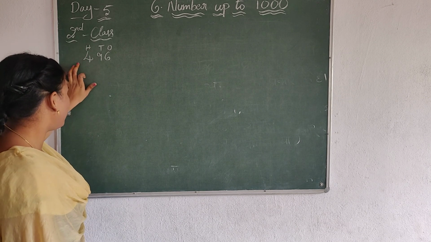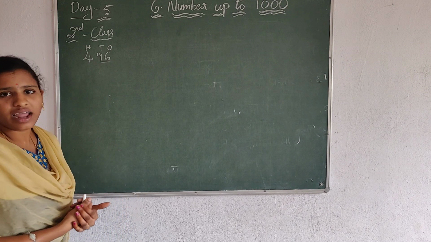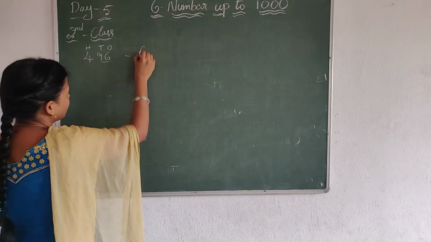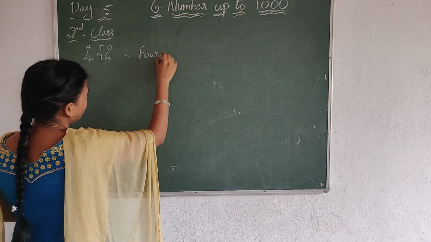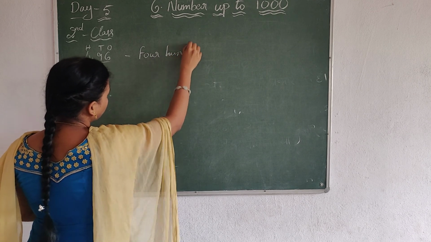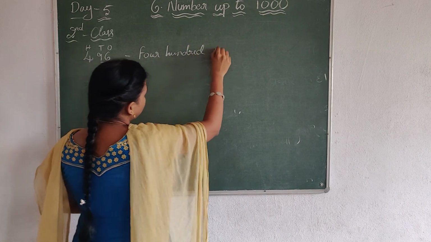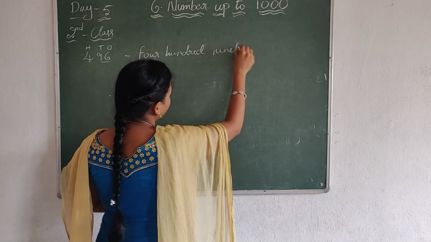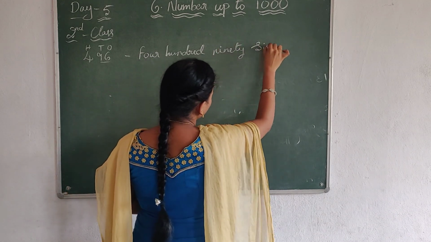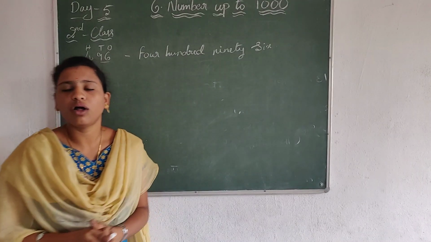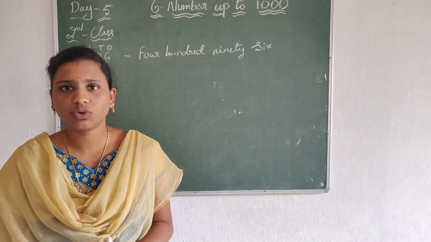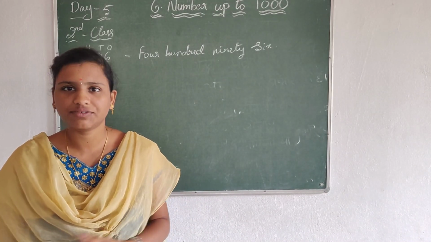So 400 and 96. So write down 400 and 96. Like that, all of you write down 1 to 1000 numbers in inverse.